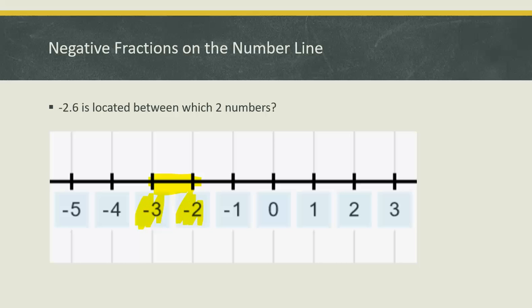So that means I could locate -2.6 on my number line about here, where the blue line is. -2.6 is between -2 and -3.